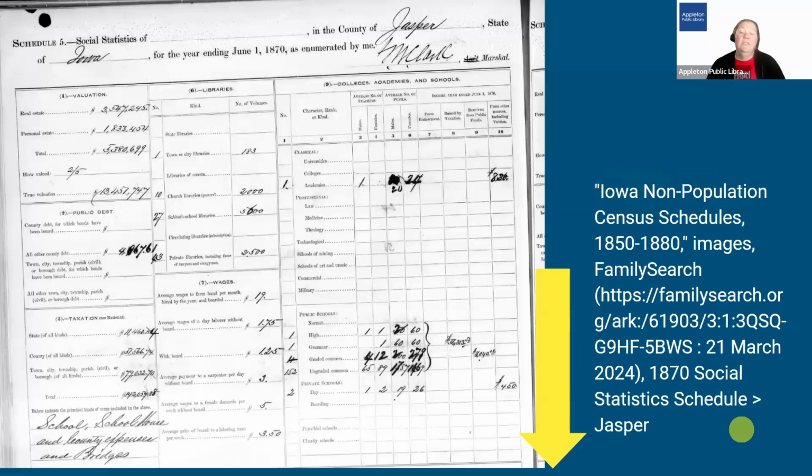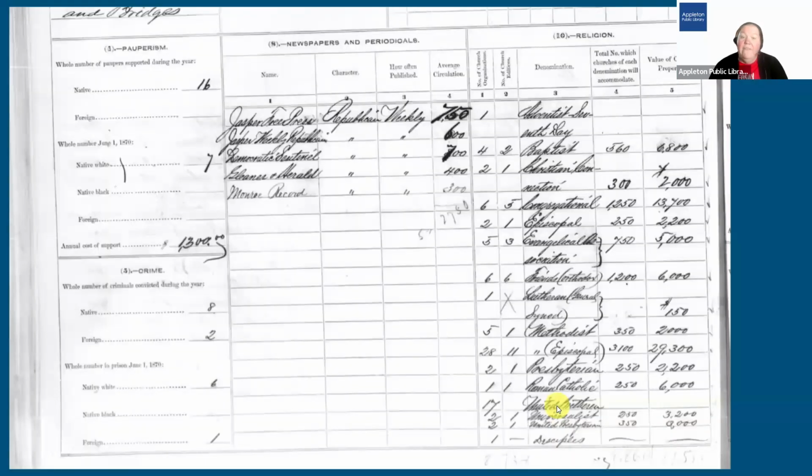So here's an example of one from Jasper County, Iowa. You can see some of the valuations, some information on public debt, taxes, information on the library, different wages, the different schools, including college schools. If you scroll down, this is the bottom half of the page where it talks about the different paupers, the different crime. Here's that information on the newspapers, so the names of the newspapers. It talks about the character.